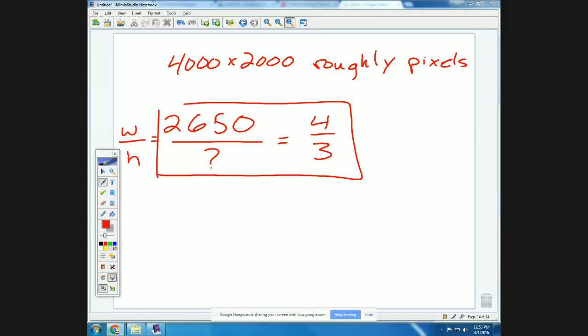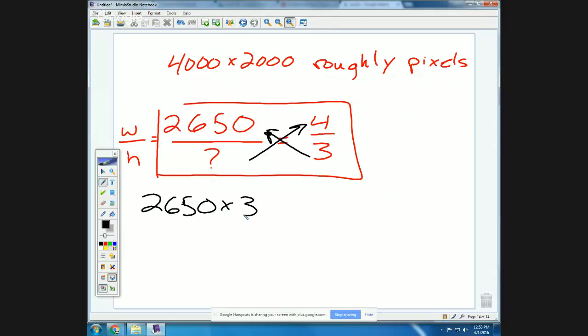All right, my image, okay. That's what I thought. Yep. All right, so let's double check that, and then I will show you. We'll try another one. To solve this, because the missing number is in the bottom, I have to cross multiply and then divide. So I'm going to have to calculate 2650 times 3. On the other side, I get 4 times question mark.